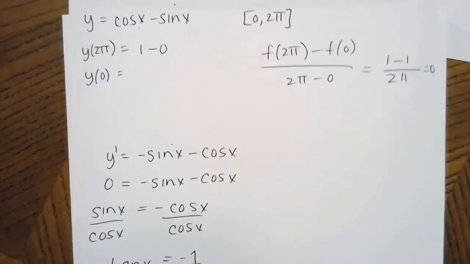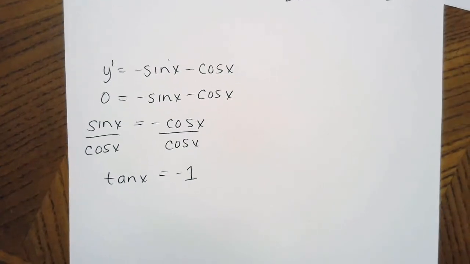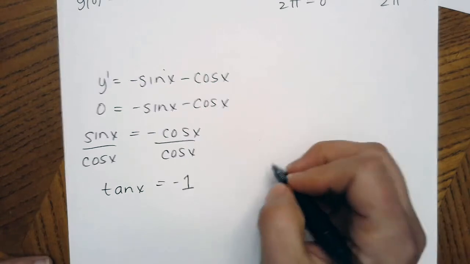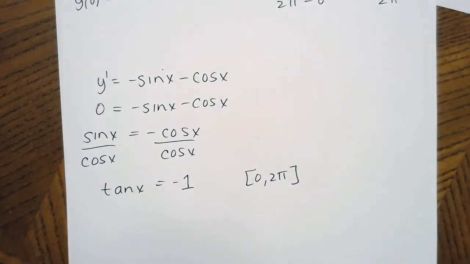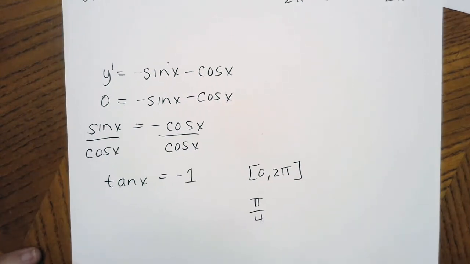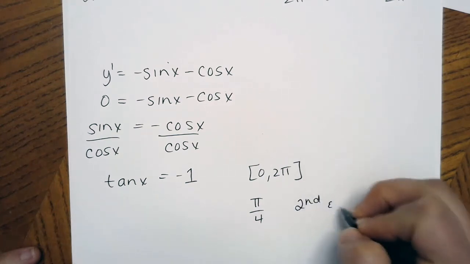Okay, so we're trying to remember our unit circle again. So where is the tangent of x equal to negative 1 between 0 and 2 pi, right? Again, on our interval. And we know that the tangent of x is 1 at multiples of pi over 4, right? And since I want it to be negative 1, then I would want to be in the second and fourth quadrants.